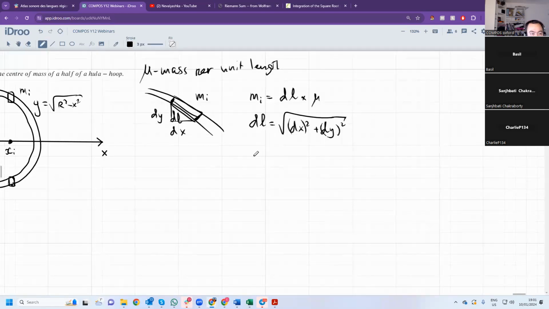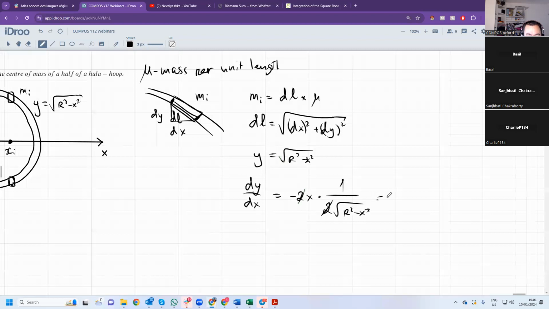So we find dy/dx using the chain rule: minus 2x multiplied by 1 over 2 square root of r squared minus x squared.